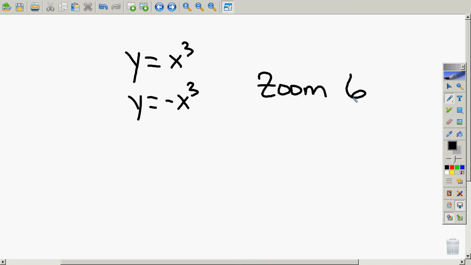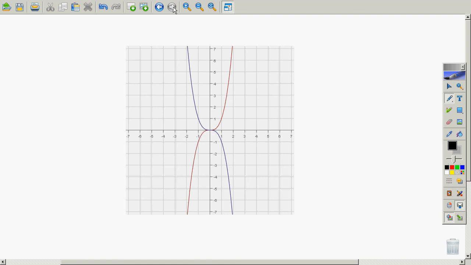Okay, once you've got that graphed, this is what it should look like. Now, it looks just like the other one we did, except I've got different colors here. If you look closely, this is y1, and this is y2.